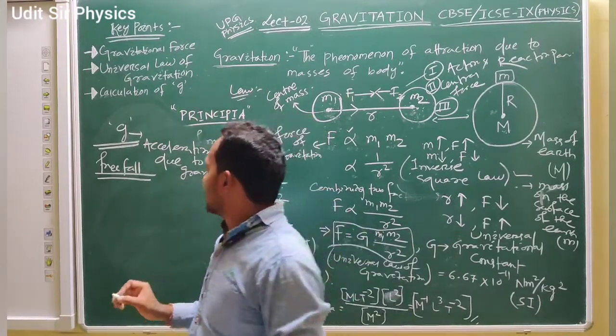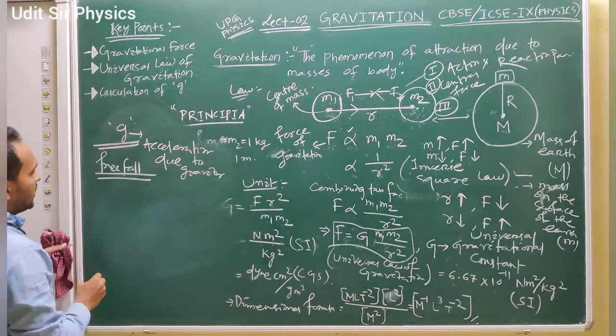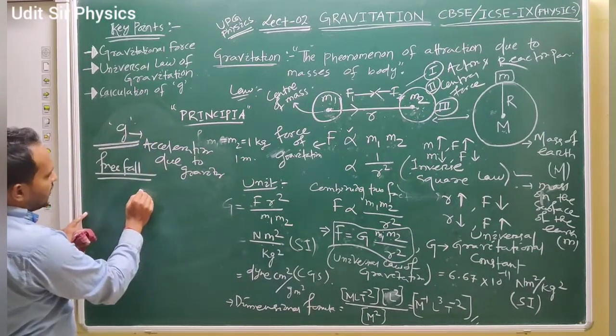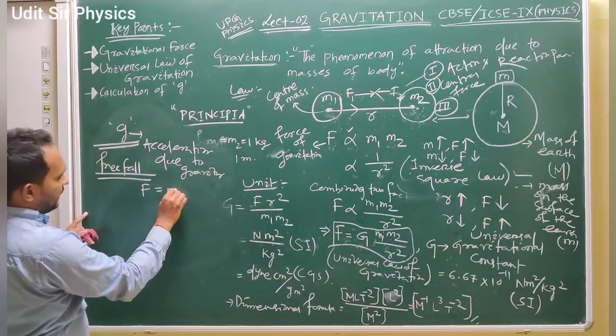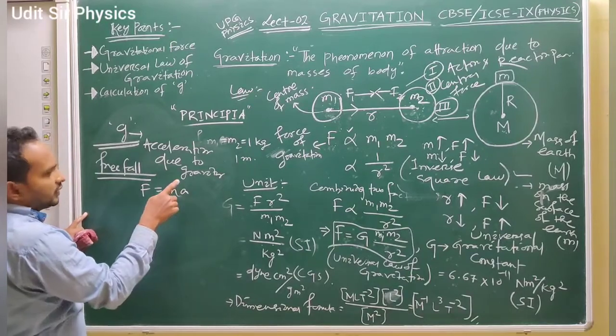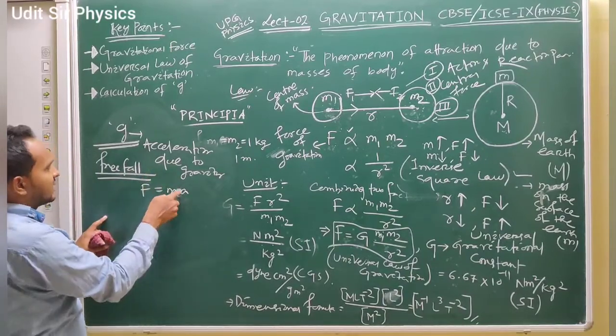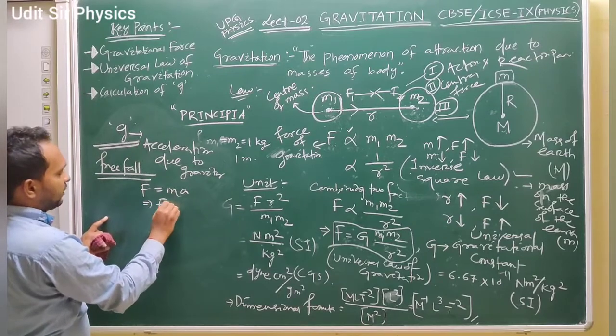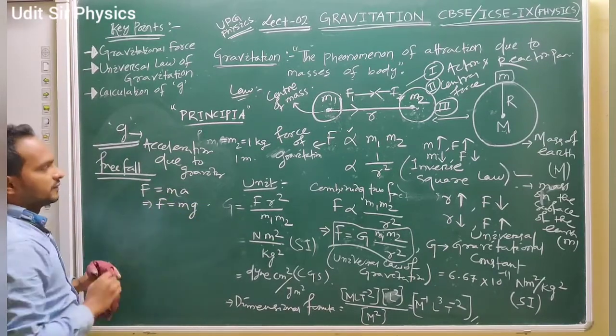Okay. तो acceleration due to gravity जो small g है, you know that from Newton's second law of motion, F equal to ma. Here that acceleration we can replace with acceleration due to gravity, that is F equal to m into g.